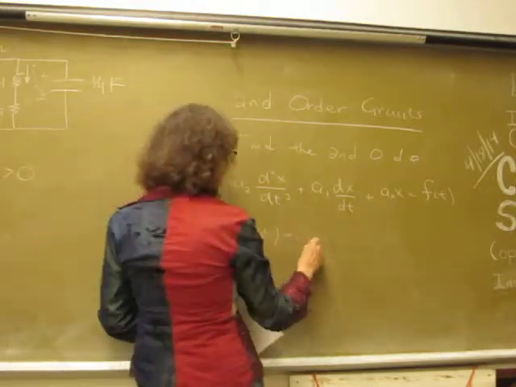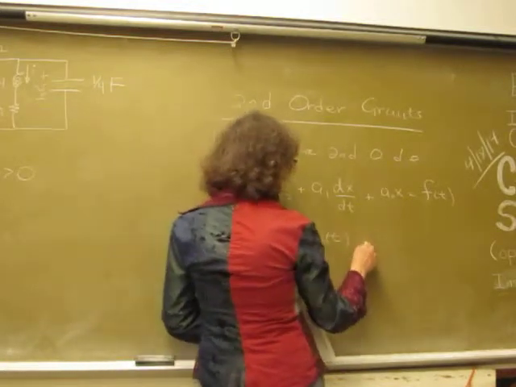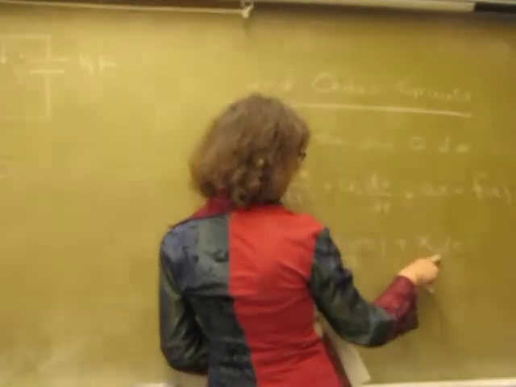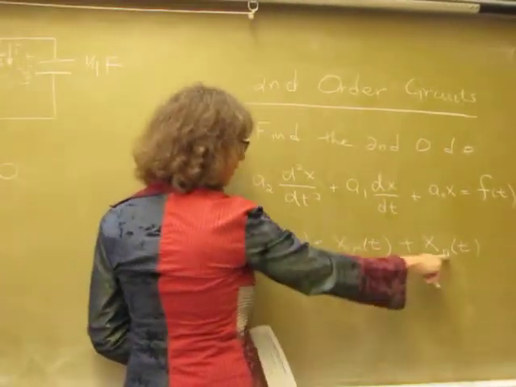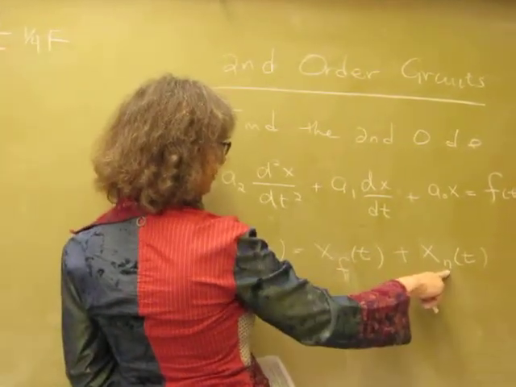It's going to have the forced part of the solution, and then the transient part of the solution, or the natural part.